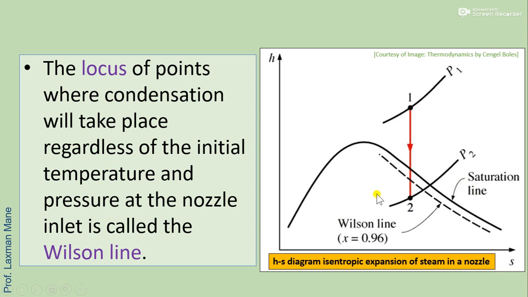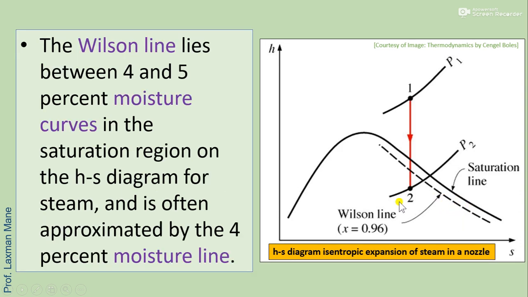Now, here is a dashed line or curve. This is the locus of points where condensation will take place regardless of the initial temperature and pressure at the nozzle inlet, and it is called the Wilson line. So this is the Wilson line. Now where is it situated? The Wilson line lies between the 4 and 5% moisture curves.